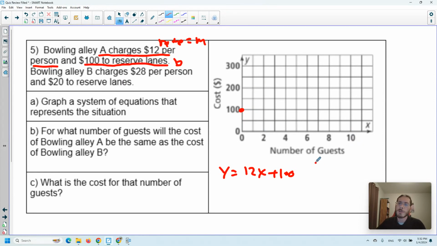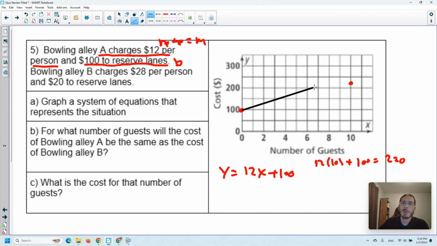So if I tried 10, 12 times 10 plus 100 is going to be 220. So I can plot the point (10, 220), which seems kind of reasonable. That's kind of like right there. So if I draw a line between those, that's the first one. So that's for bowling alley A.